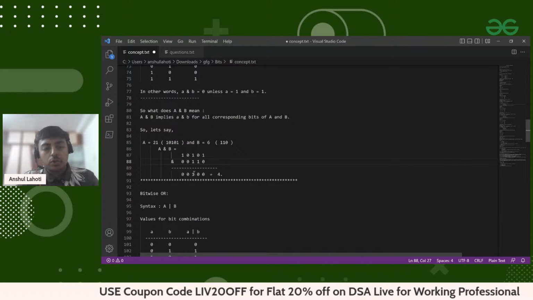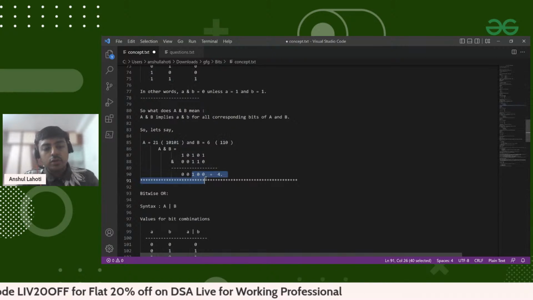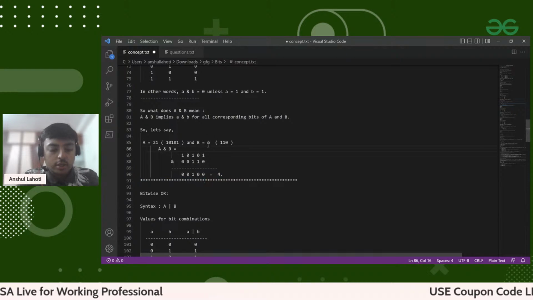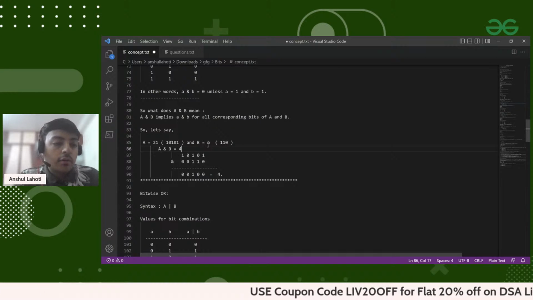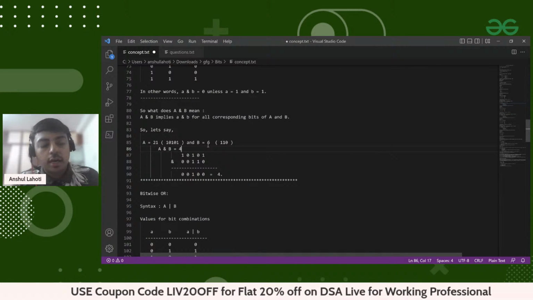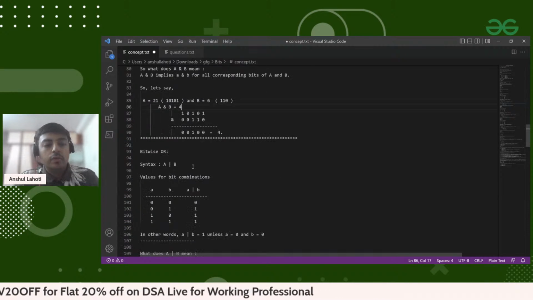The decimal representation of 100 is 4. So the answer is 4: the bitwise AND of 21 and 6 is 4. This is the way you can calculate it.